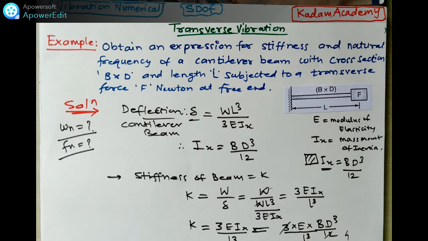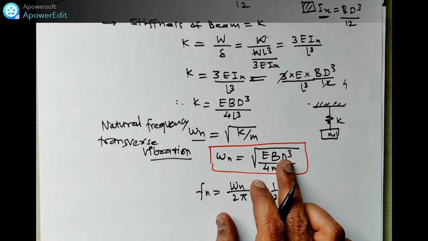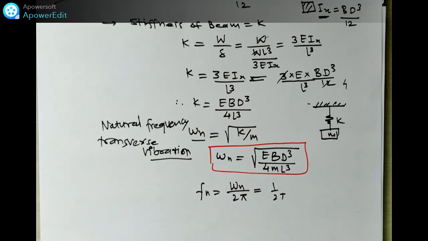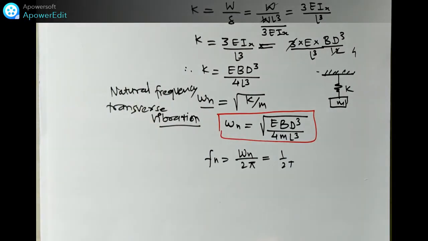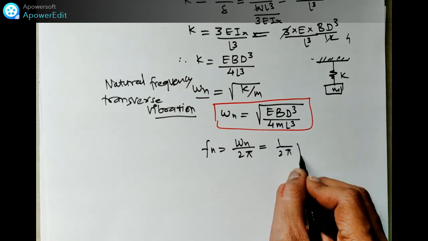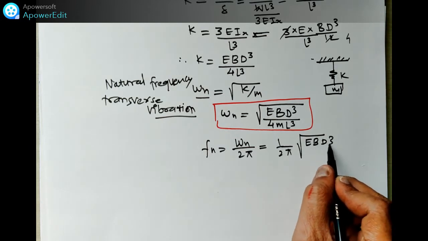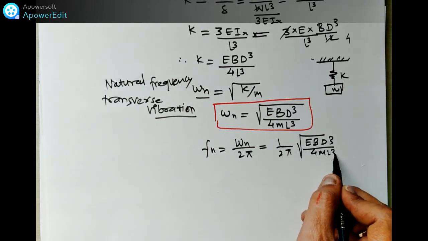So this is the value of your natural frequency, and the frequency of oscillation I will write here. Fn is equal to omega n by 2 pi. So 1 by 2 pi, where I put the value of omega n, which is the square root of EBD cube by 4mL cube.